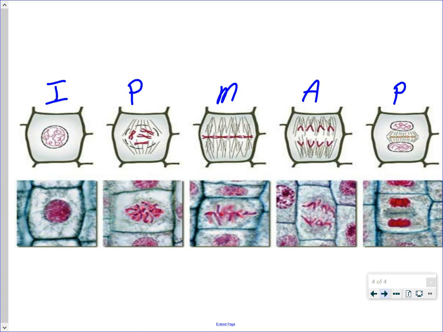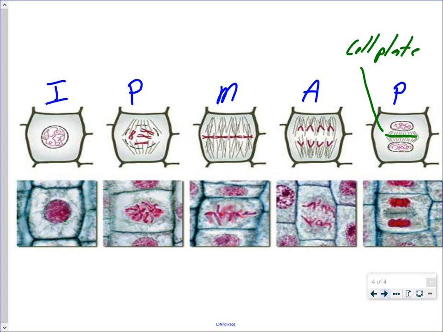In this picture here, we don't see the pinching in because plant cells have a rigid cell wall around the outside. So instead, what we have forming in the middle is what is referred to as a cell plate, and that will eventually form the membrane and the cell wall between these two newly forming cells. Same thing with the images inside the nucleus. We're taking a look at the red and purple stained chromosomes.